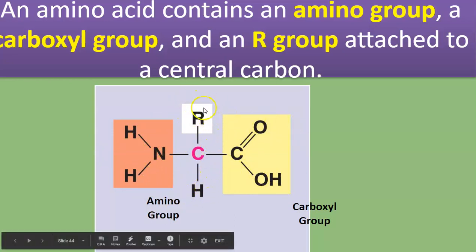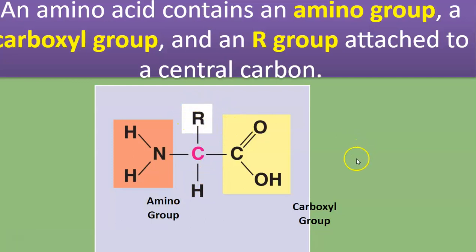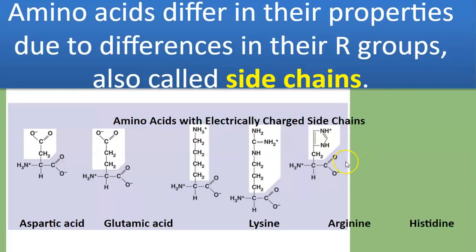The part of variability in an amino acid is the R group. The graphic got a little messed up in this case, but depending on those R groups or their side chains, they can have different properties. Some of them might have nitrogen, some of them might have charges, some of them might not have charges, some of them might have structural rings, and so on.